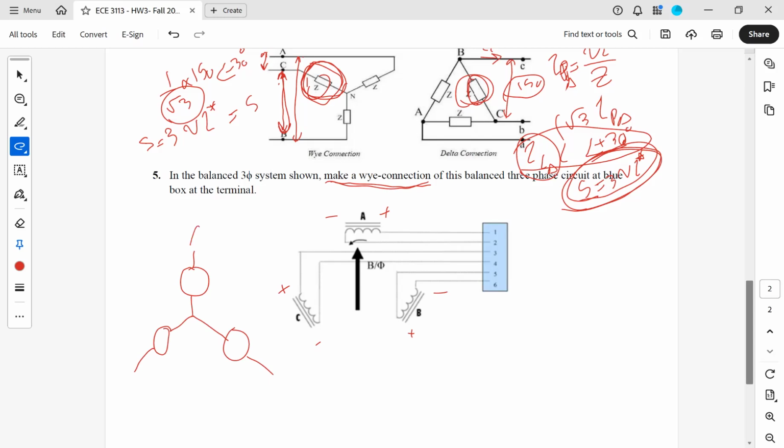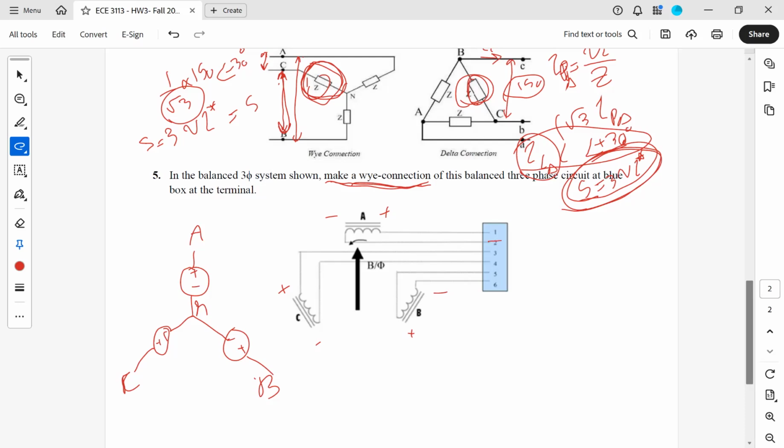The Y connection is the connection between phase A, phase B, phase C, and the neutral point. Since the neutral point is going to be our point of voltage 0, we normally consider the lower voltages connected to the neutral point. So it's going to be positive, positive, positive connected to A, B, and C. Knowing that, a Y connection means that all the terminals that have a minus polarity are connected to each other to represent the neutral point.